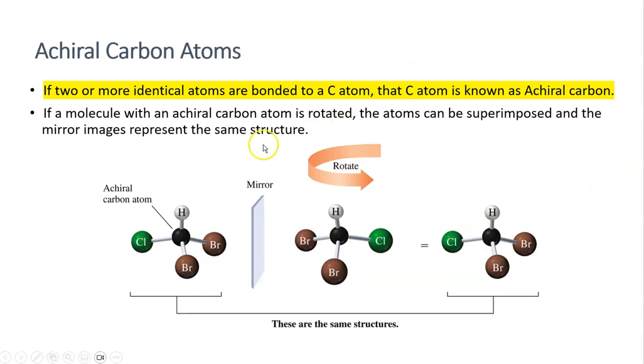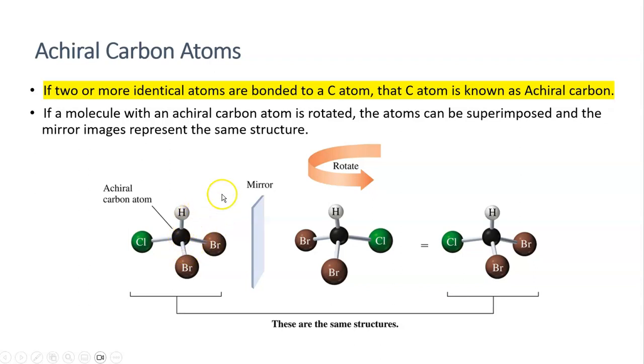But if we look at an achiral carbon atom, an achiral carbon atom is one that has two or more identical groups or atoms attached. The central carbon atom here is achiral because there are two bromine atoms attached, which are the same type of atoms, and chlorine and hydrogen. Why do we call this achiral?